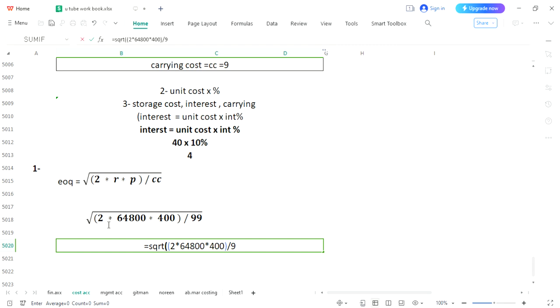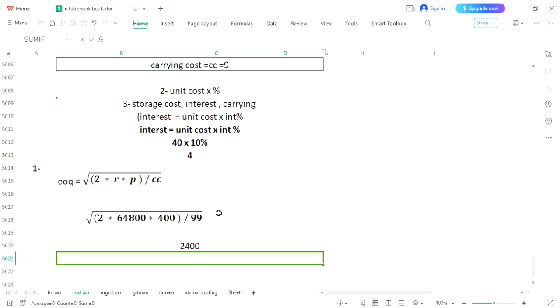Okay, and finally closing your bracket. Please look at it. What we have done, first we have written square root, and what you will do on your calculator, you will click the button of under root and then you will write this statement. This way you will calculate your amount of economic order quantity.